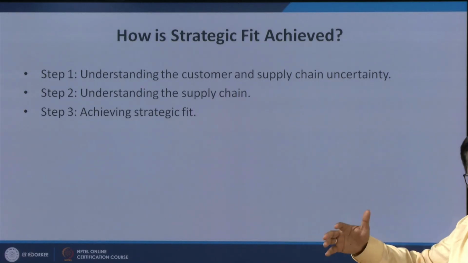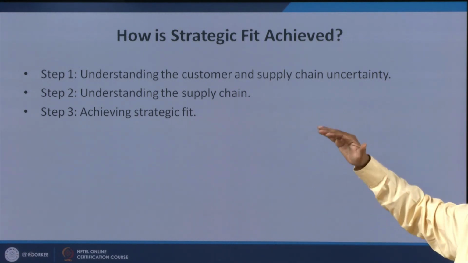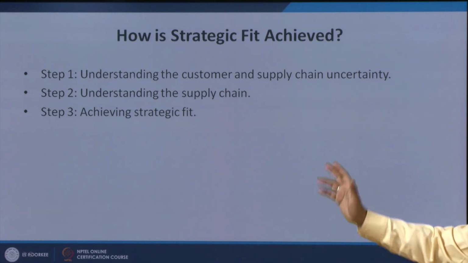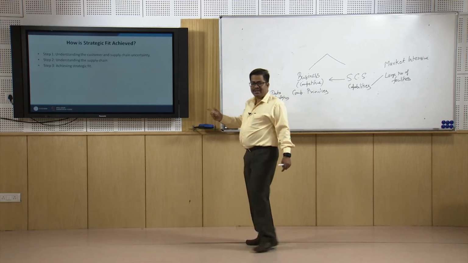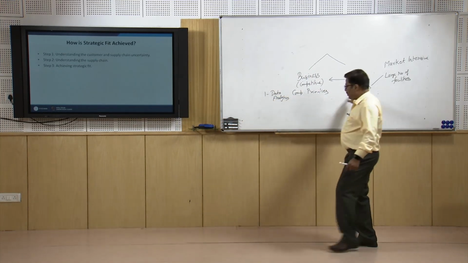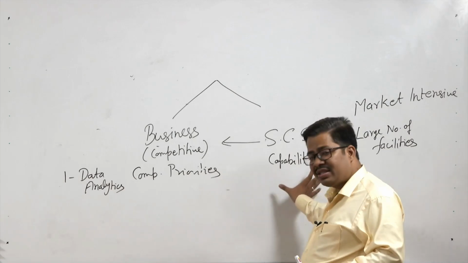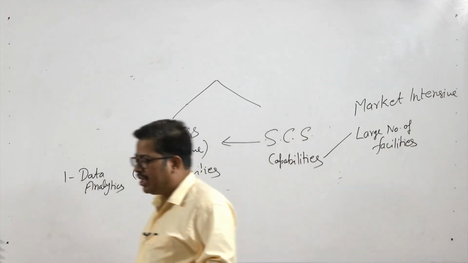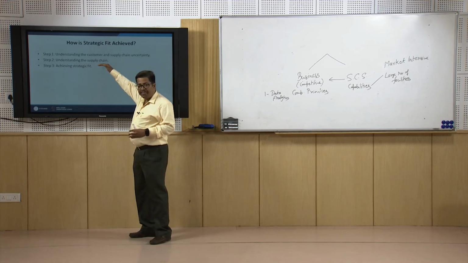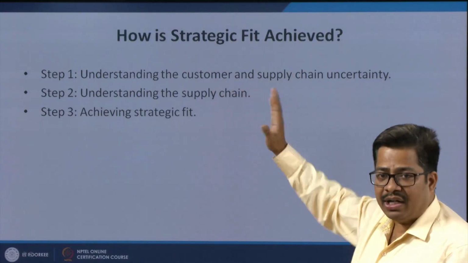You can have good modeling software, which we will discuss, and those things will help us in removing the customer and supply chain uncertainties. Then the second step is to understand your own supply chain and its capabilities. And the third step is to link these supply chain capabilities with the customer and supply chain uncertainty.